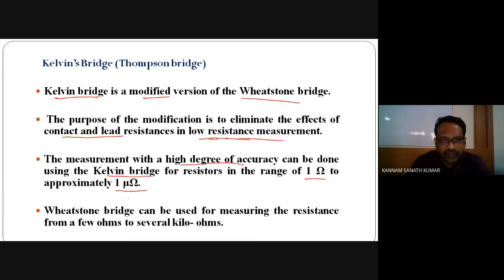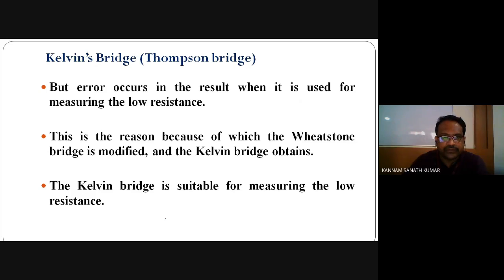Whereas the Wheatstone bridge is used to measure the resistance from a few ohms to several kilo ohms or mega ohms, that is, high values of resistances. When you use the Wheatstone bridge for low resistance, you may get errors.